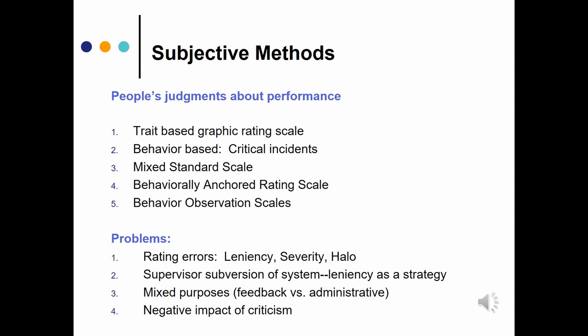The most popular type of subjective measure is the graphic rating form, which is used to assess individuals on several dimensions of performance. The second one is the behavior-based critical incidents.